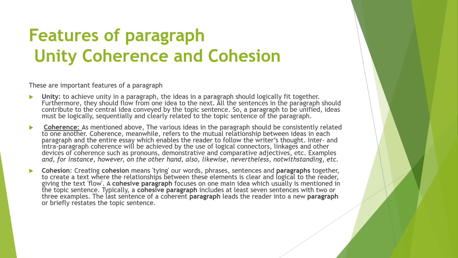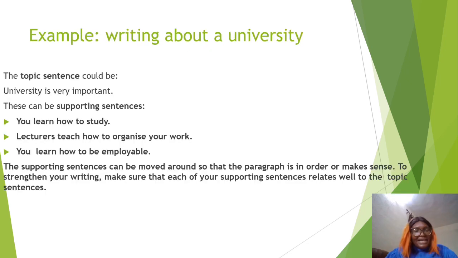A cohesive paragraph focuses on one main idea, which is usually mentioned in the topic sentence. A cohesive paragraph includes at least 7 sentences with 2 or 3 examples. The last sentence of a coherent paragraph leads the reader into a new paragraph or briefly restates the topic sentence.